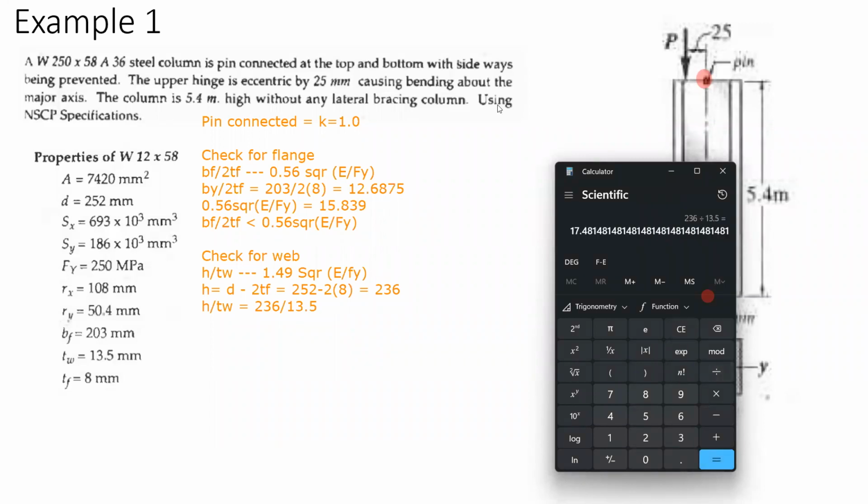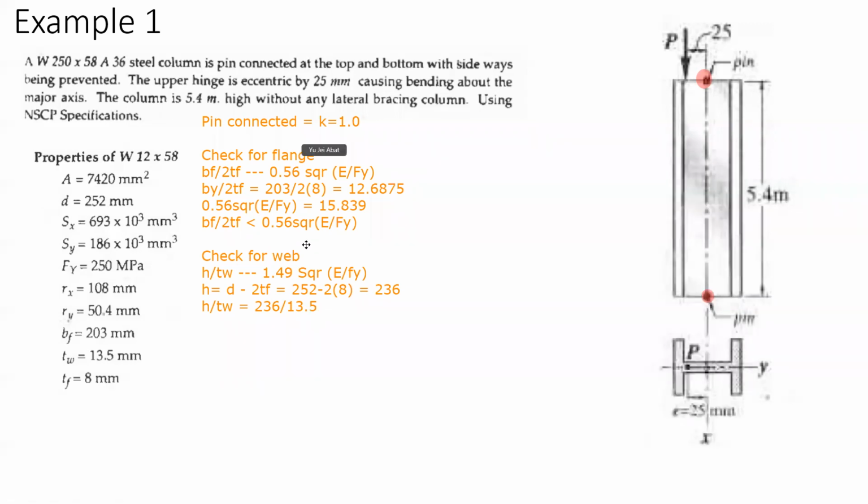So this is 17.481. And then let us check for 1.49 square root of E over Fy.